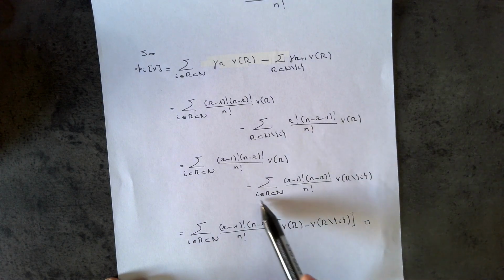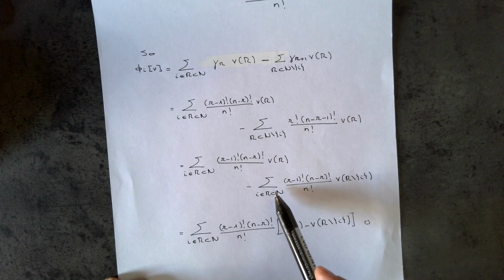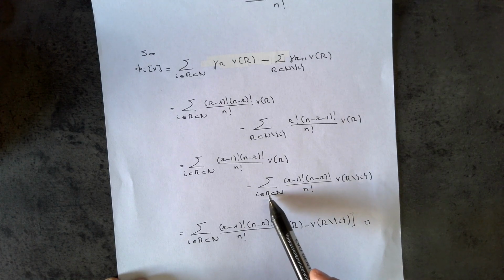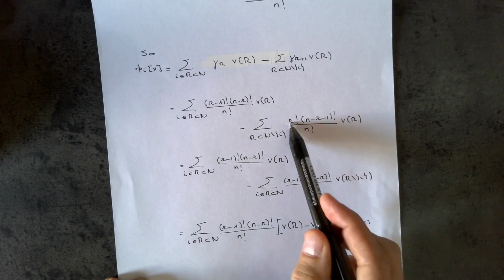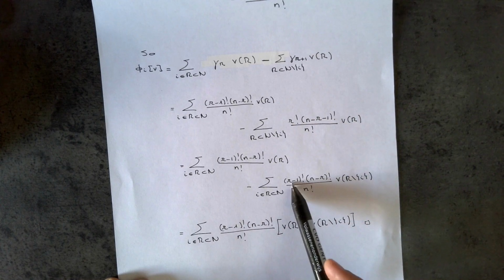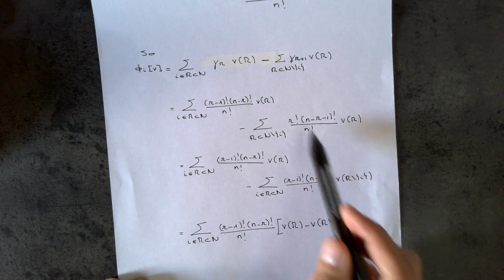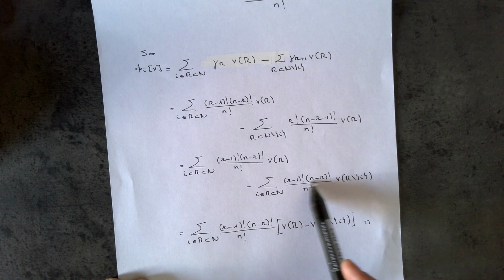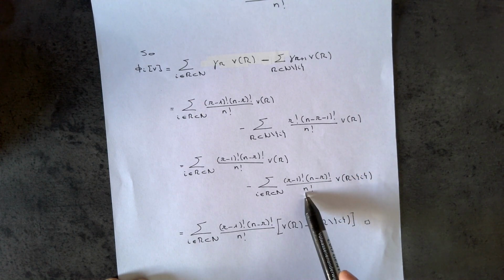So we can also write it as a sum of all coalitions that contain I, but now these coalitions have one element more. So here R will become r minus 1 factorial, n minus r minus 1 factorial becomes n minus r factorial divided by n factorial.